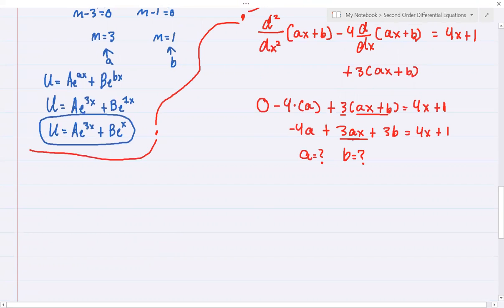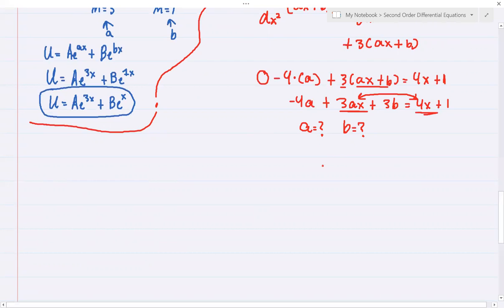Since we have 3ax on the left side, we also have the similar term 4x because both of them have x. So we will have 3ax is equal to 4x.